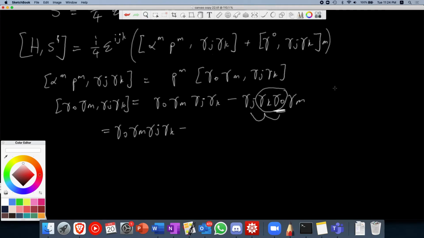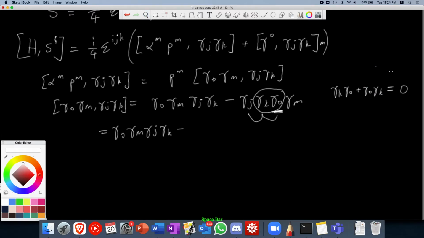We notice that gamma k gamma naught plus gamma naught gamma k is equal to 0, because gamma mu gamma nu, the anti-commutator, is equal to 2 g mu nu, where this is the Lorentz metric.